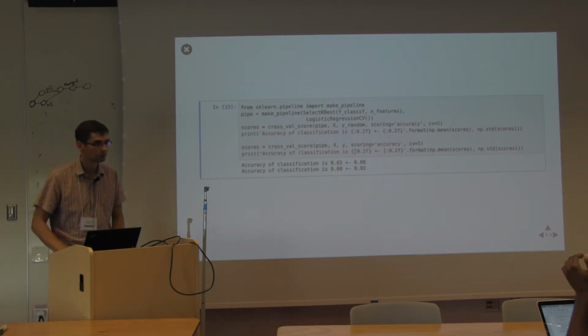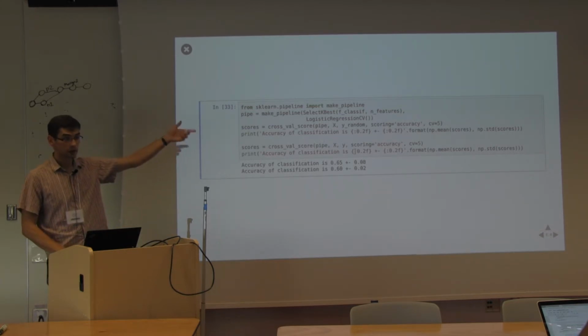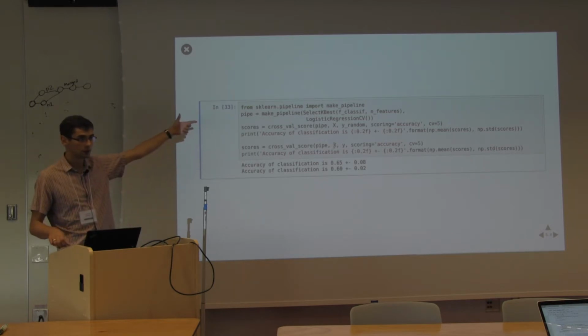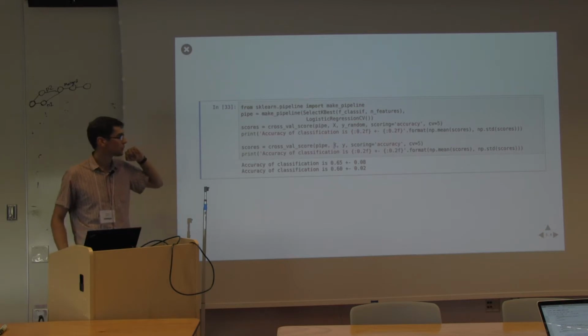And feature selection, you are using a part of training. Automatically it's embedded into the cross-val score function.